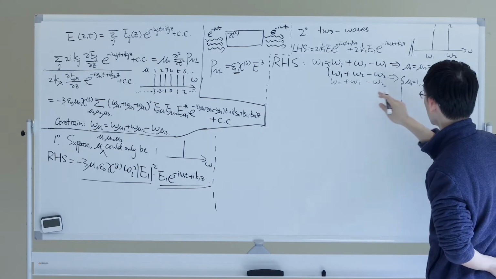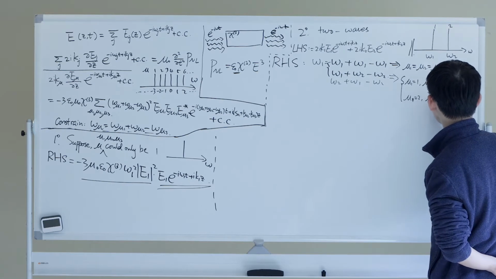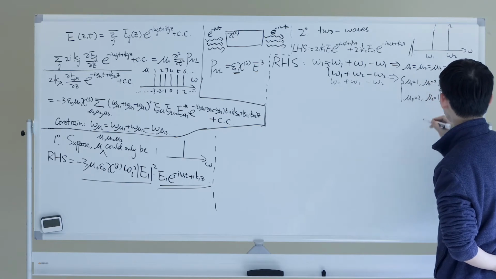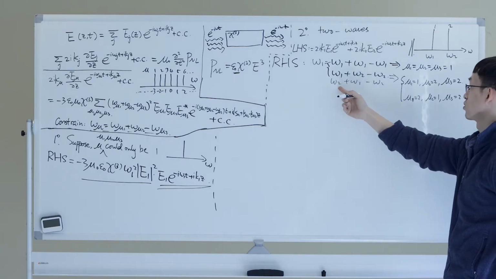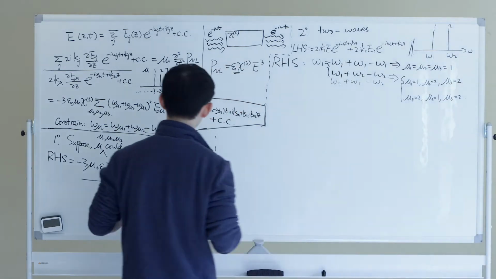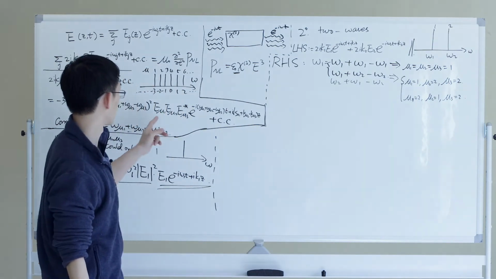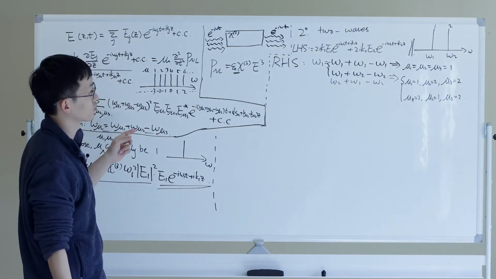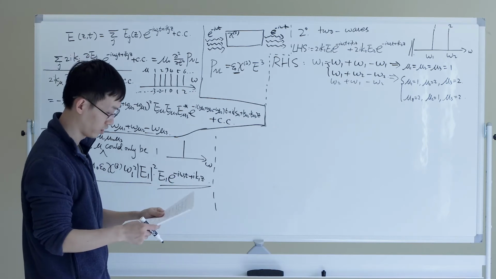For the other, you can have mu1 equals 2, mu2 equals 1, and mu3 equals 2. These two terms are exactly the same, but because this is a sum, you need to count all the possible situations and sum them together.